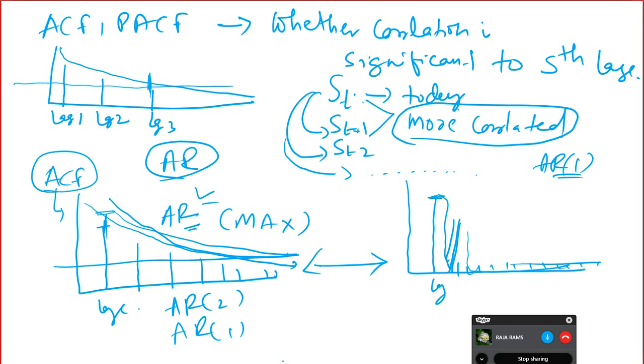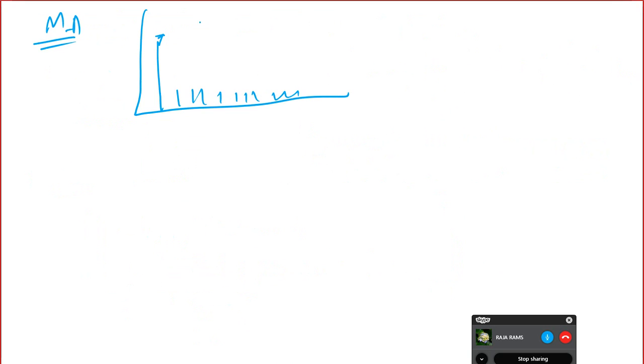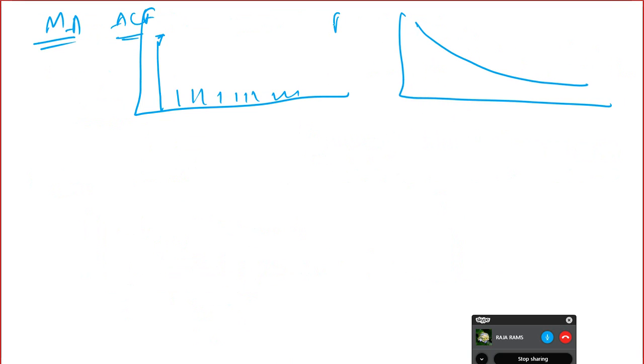And the PACF should have a sudden drop. On the other hand, MA is exactly the opposite. In MA, the ACF will have a sudden drop, and the PACF will be gradual.